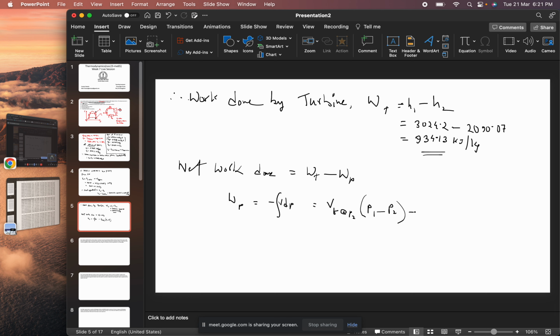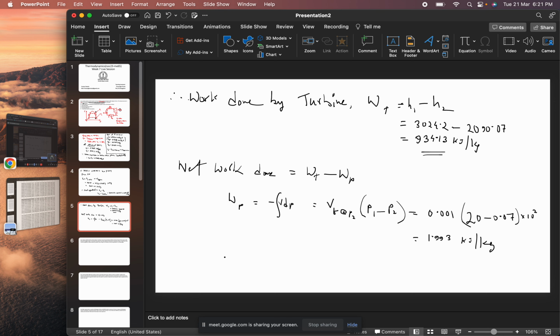Vf at P2 we can get from the steam table, and you will get 0.001. Your P1 is 20 and your P2 is 0.07. This is in bar, so I am converting it into kilopascal so that everything is in terms of kilojoule per kg. So this is basically 1.993 kilojoule per kg.